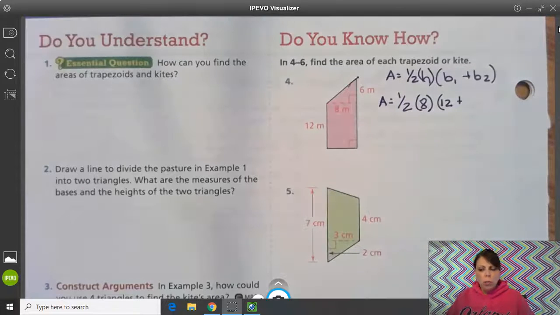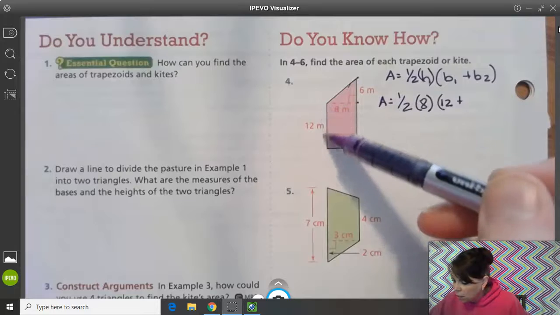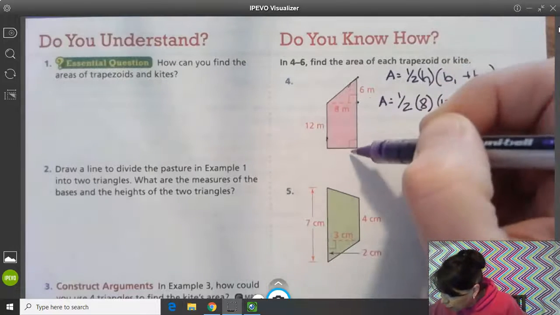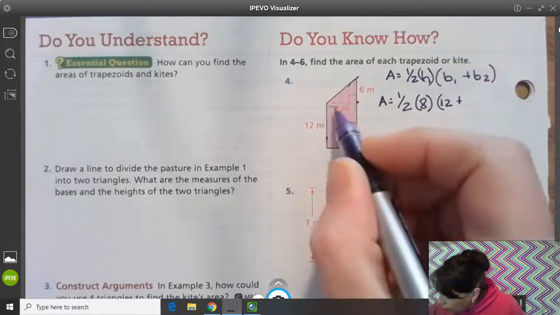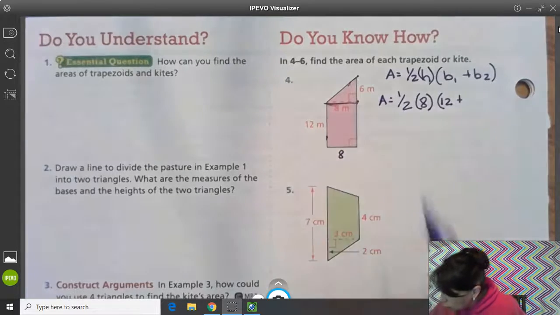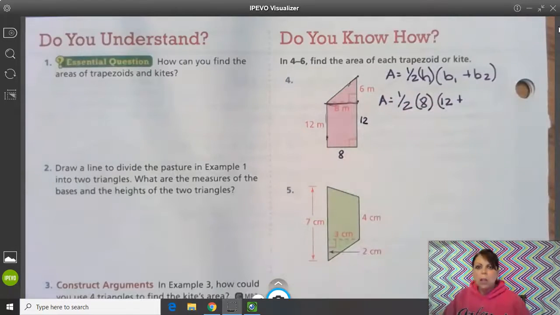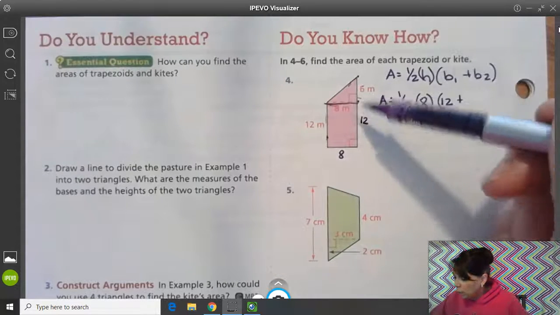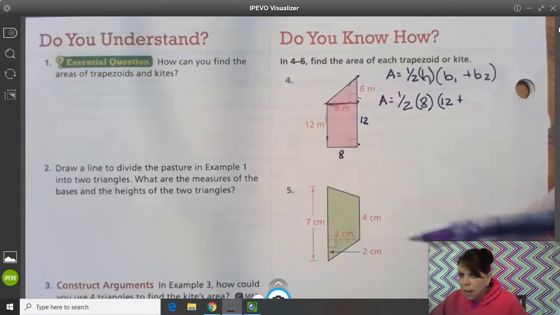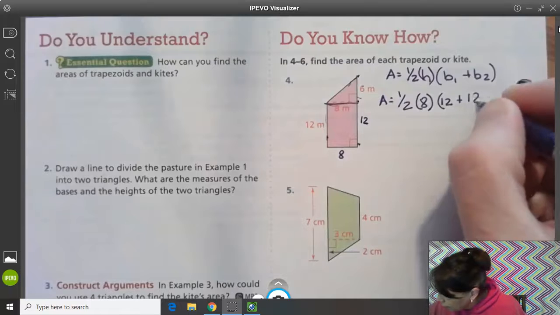What they want you to do is add this little section that is 6 to this side, which is 12, okay? Because if this is a rectangle right here, then this measured 8, so this is 8. This measured 12, so this is 12. So you have to add these two pieces together to get the full measurement of this side of the trapezoid. So 12 plus 6 is 18.